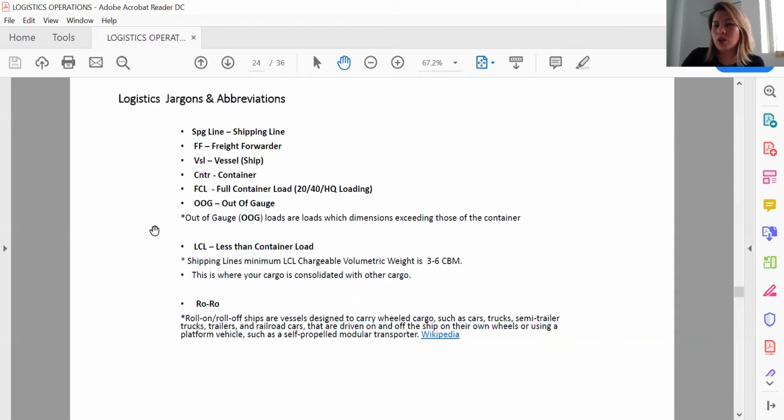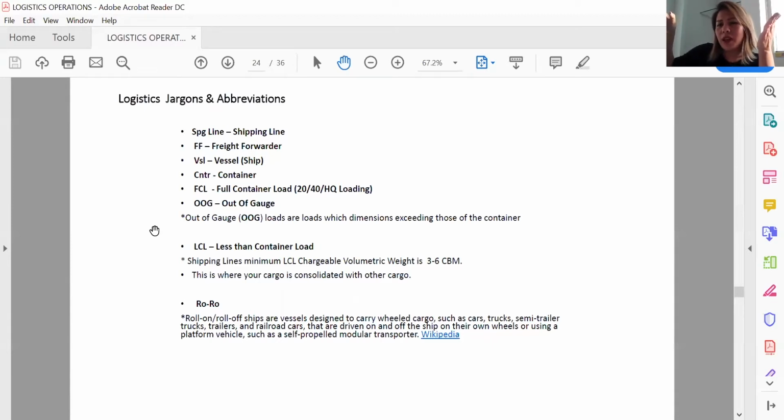LCL, less container load. So if you have a cargo which is only 10 cbm, you don't want to put that in a 20-feet container and pay for the whole full container load rate, right?